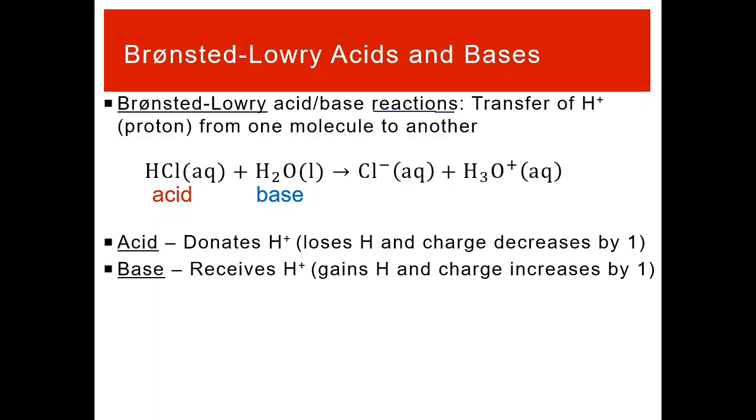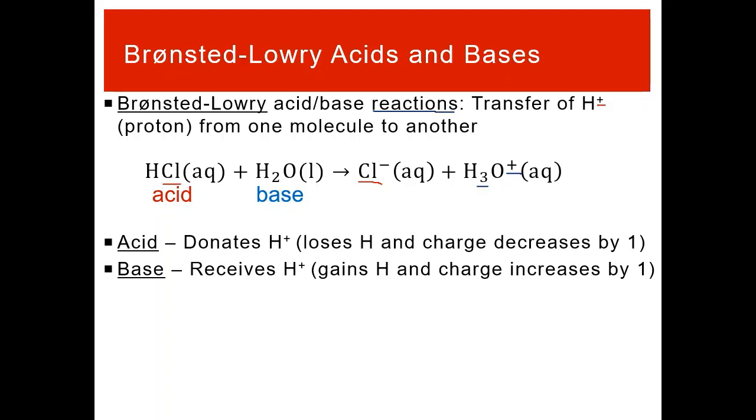So you can see we have the HCl that starts here as my acid. I can see the Cl is left over on the product side, but it has lost the H, and the charge also decreases by 1 because it's really losing an H plus. Conversely, the water, which is the base in this reaction, has gained an H, right? It's now H3O, and it's plus. The charge increases by 1.